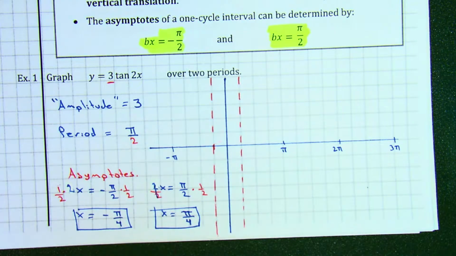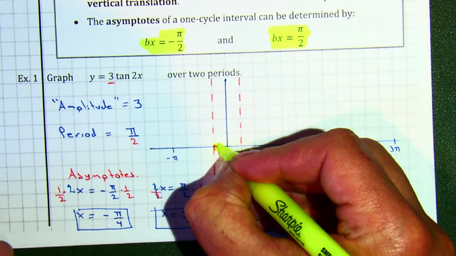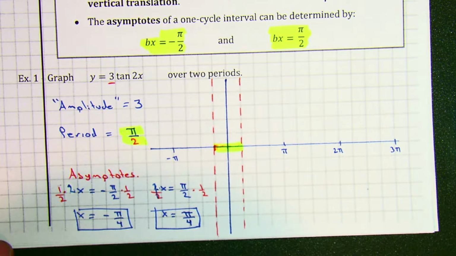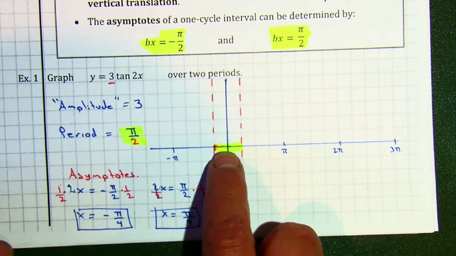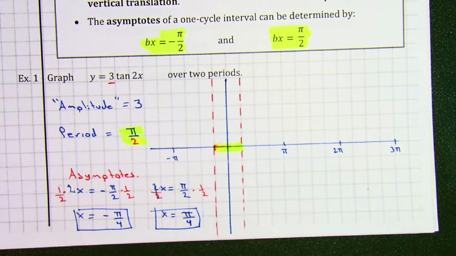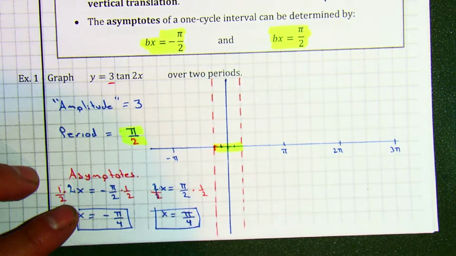And now I'm going to highlight my period from one asymptote to the other, and my period should match, and it does, right? Pi over 2 is 2 squares, so that is my period. And we're going to go through the same process. We're going to divide by 4. I'm going to take half, half, and half.